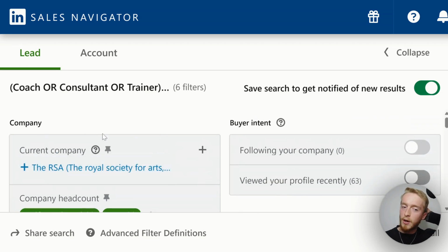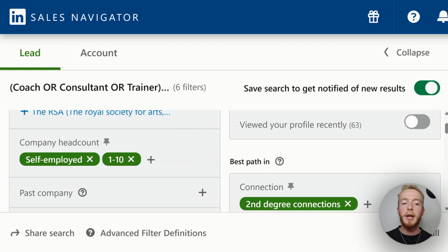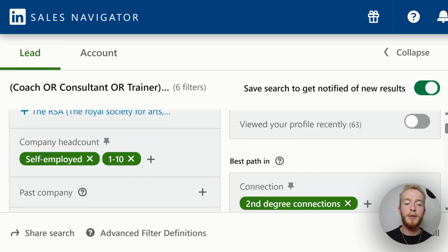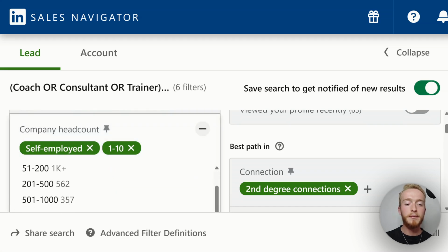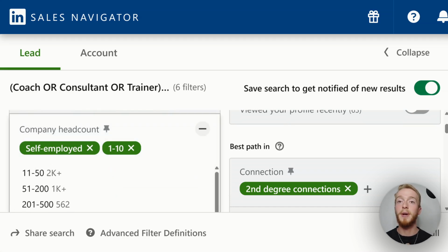The first thing is current company. Now, honestly speaking, this isn't going to be relevant unless you help people in a very certain company, right? And other than that, there's not really anything else. The first important thing is company headcount. Now, this is obviously going to depend on where you're at, the type of people you're targeting. So you can see here, at the moment for myself, I've got self-employed and 1 to 10.